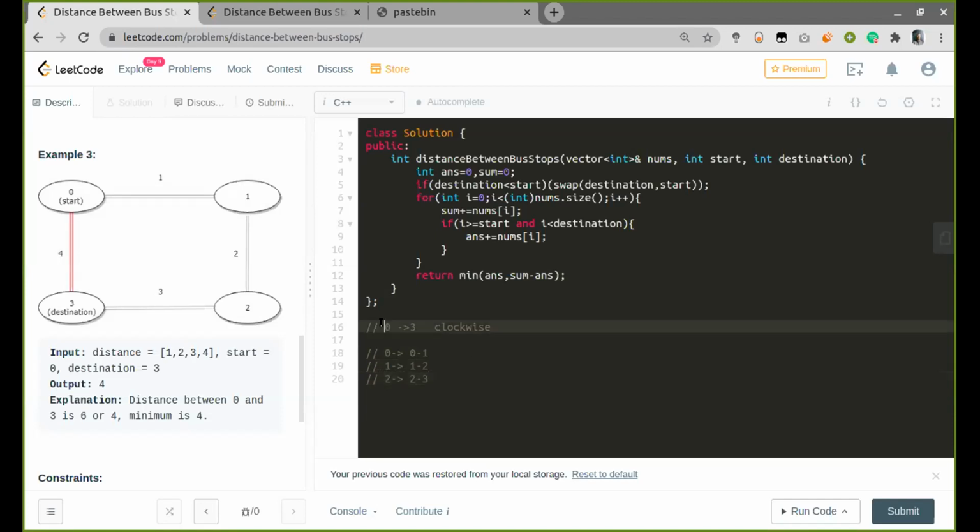And finally, I have traversed from 0 to 3. But the index till which I added is 2, which is destination minus 1. This is why I did I less than destination and not I equal to destination.